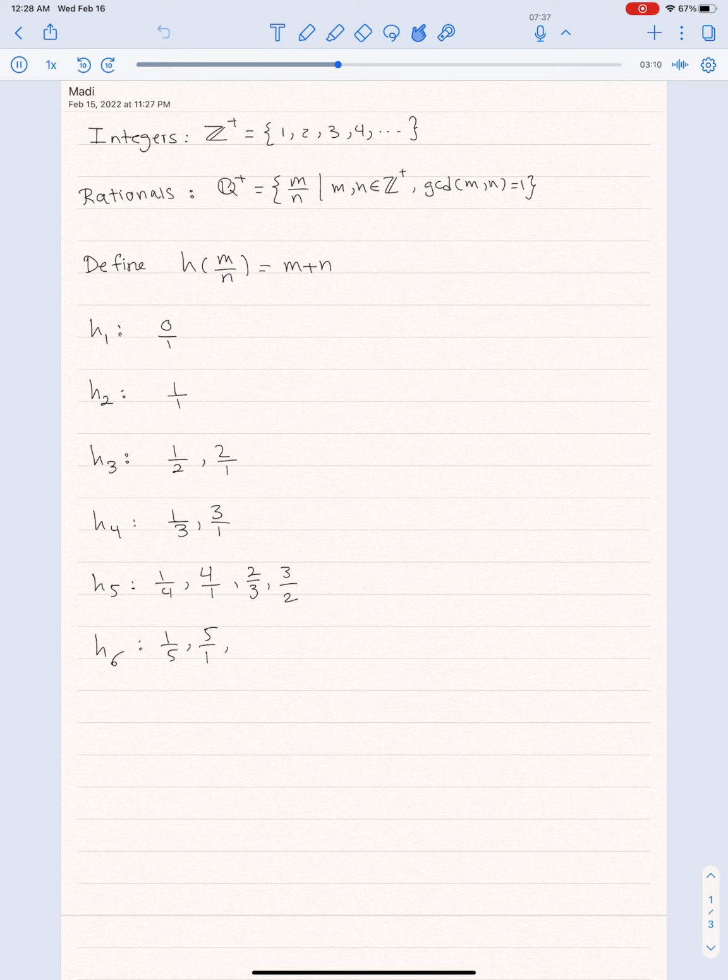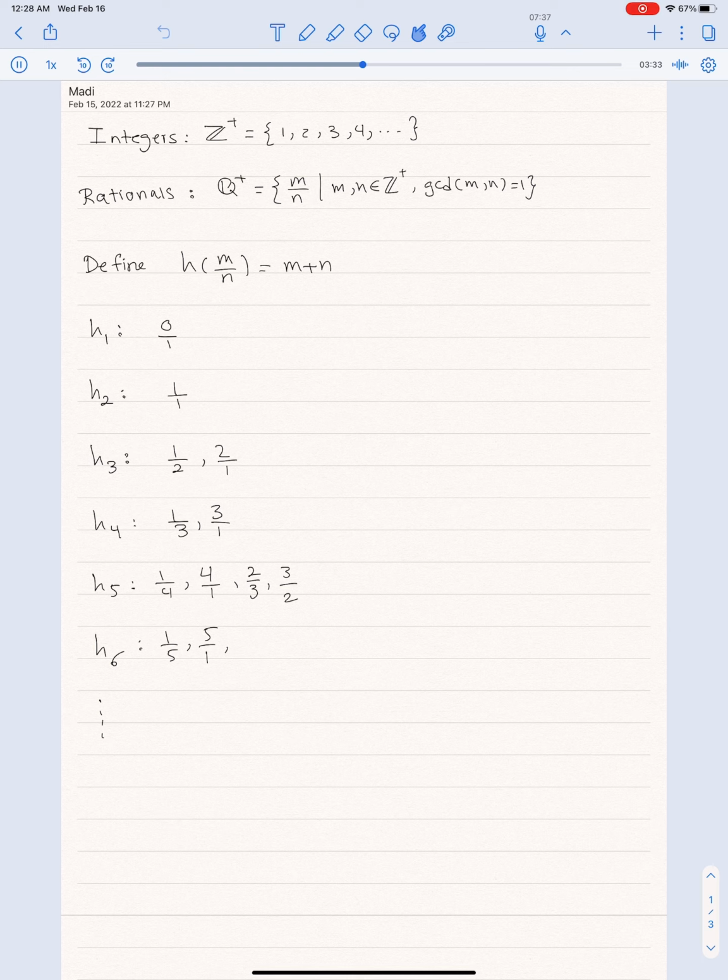Do we have 2 over 4? Sorry, 2 over 4 is not simplified, and 4 over 2 is not simplified. So for 6, that's it. And 3 over 3 is still 1. And we can go on like this.